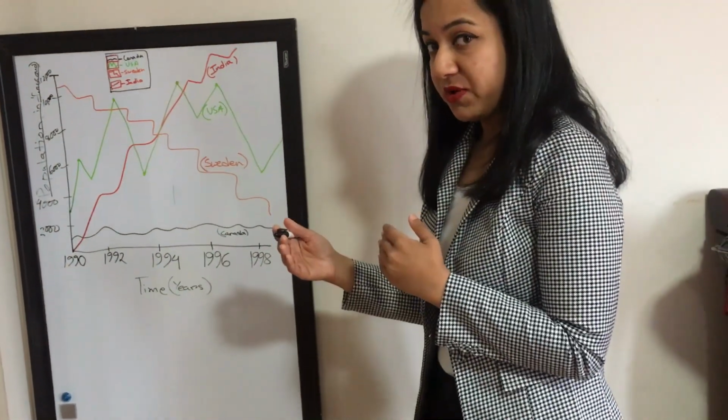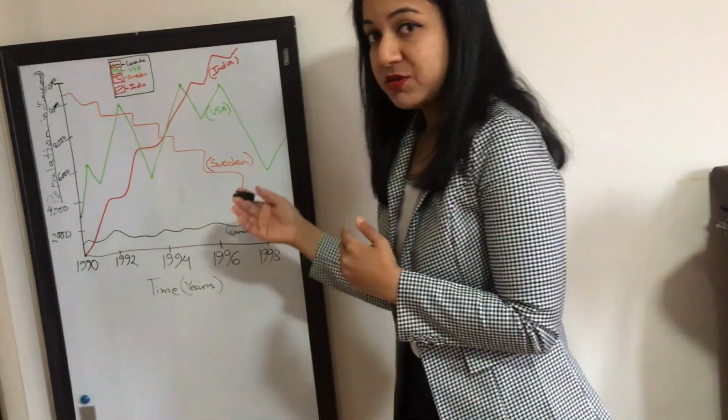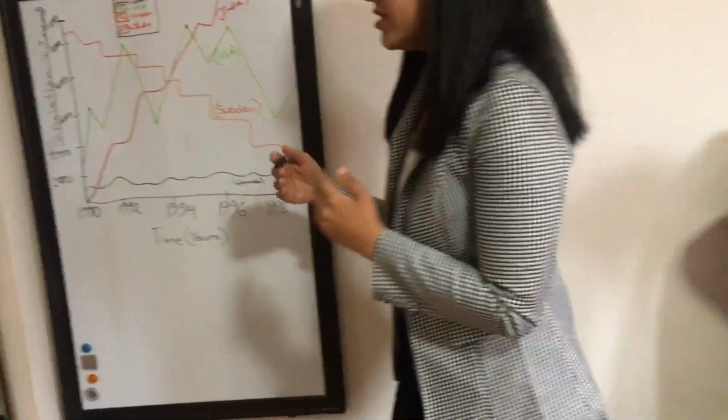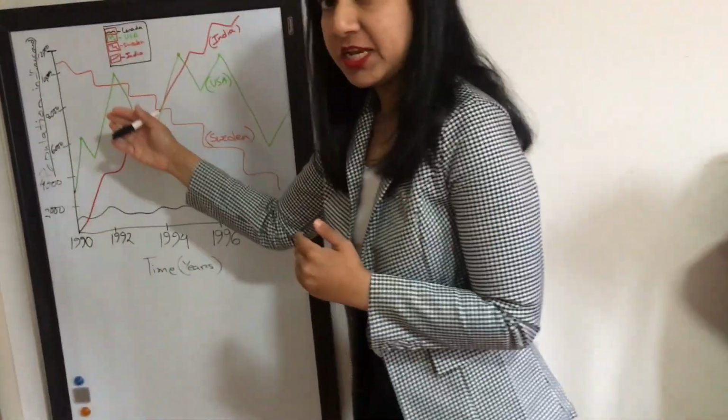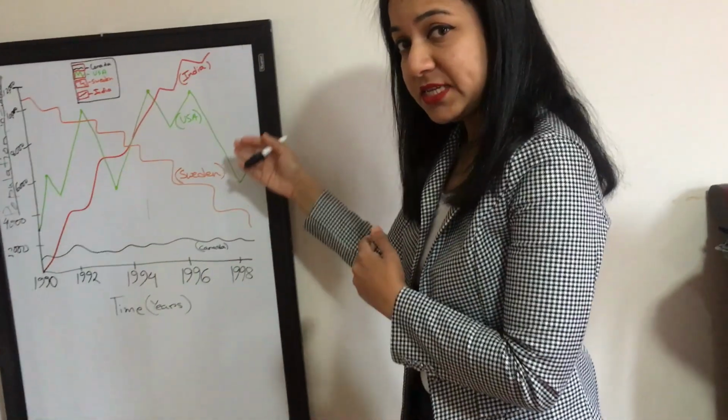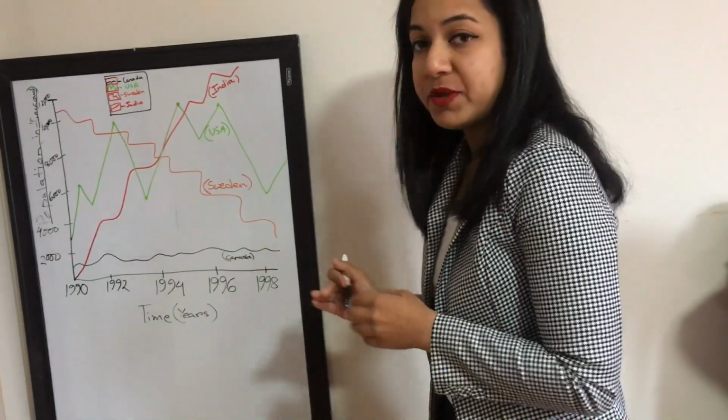Or the other way you can write it, in the United States, we can see a variation in their population change, which is quite fluctuating over the 8-year period of time.